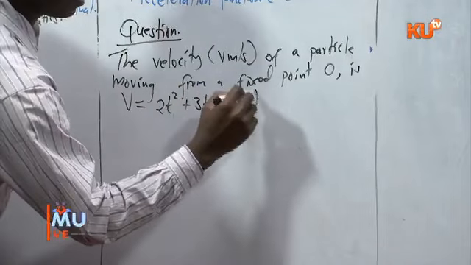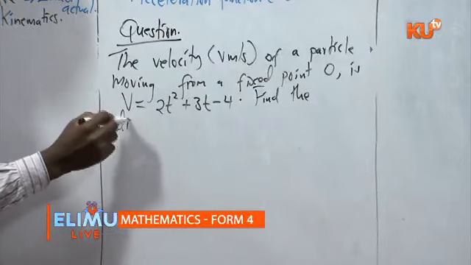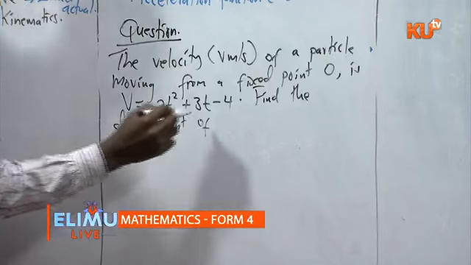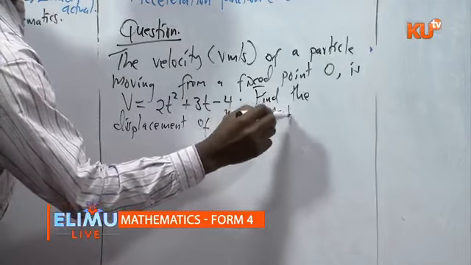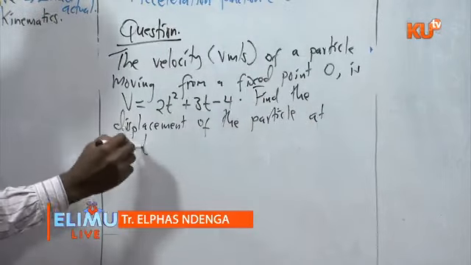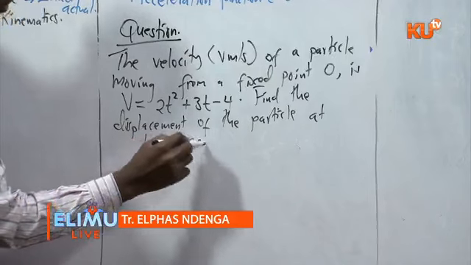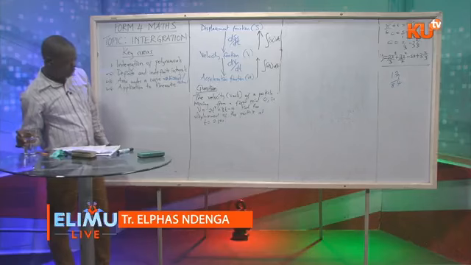Then you're told to find the displacement of the particle at t equals 2 seconds.